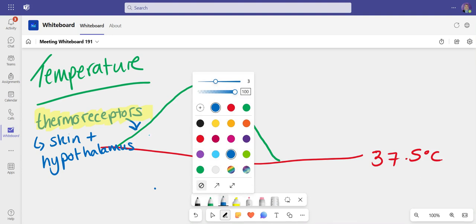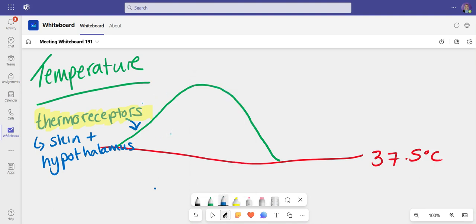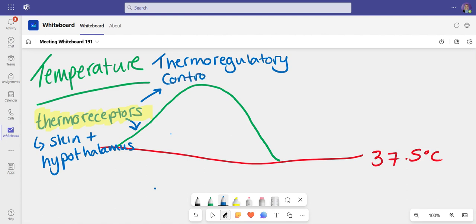37.5. Now that signal needs to be sent to a control center. This control center for temperature is called the thermoregulatory control center. So it's just got a specific name. Okay.